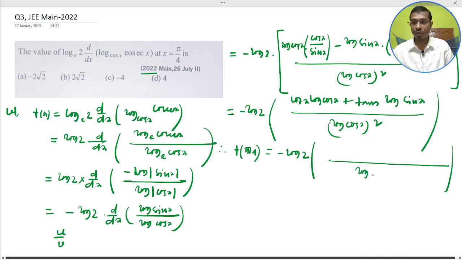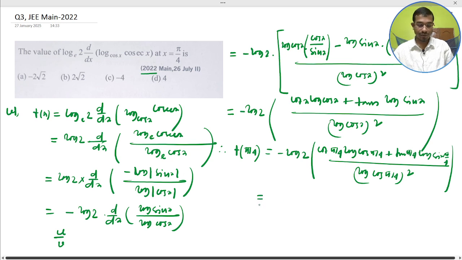Log 2 as it is, over log cos pi by 4 square as it is, the cot pi by 4 log cos x, means cos pi by 4, plus tan x, means tan pi by 4, and the log sin x, means sin pi by 4. So just calculate: minus log 2 as it is, here would become 2 divided by log 1 by root 2. So this should be what?